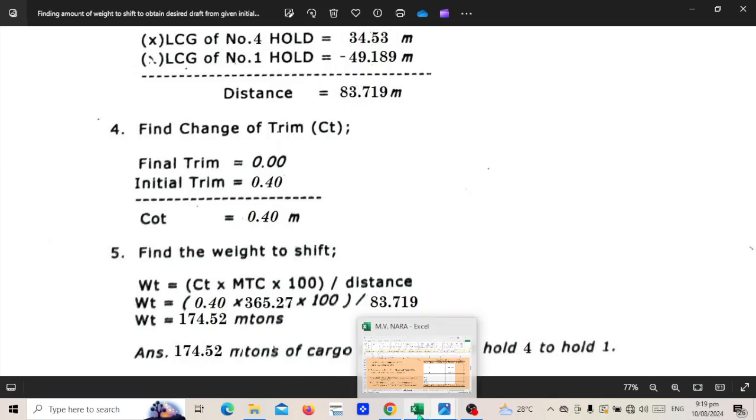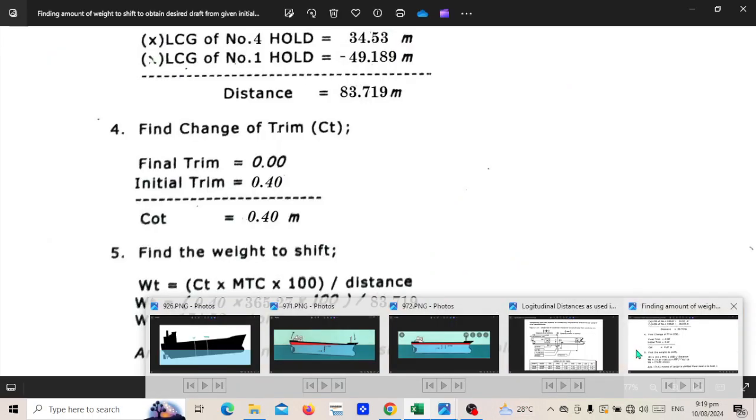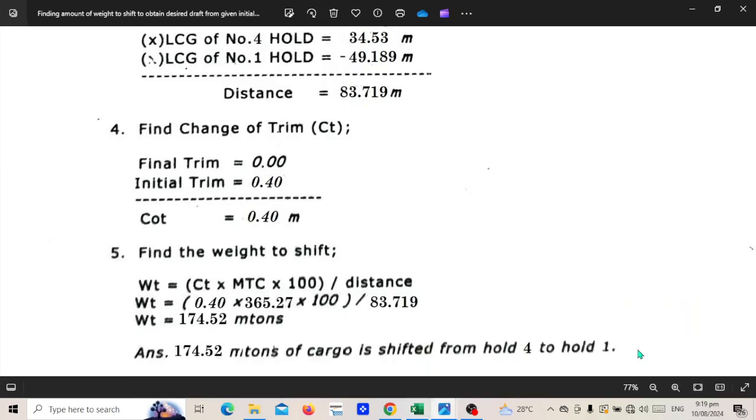So we put 174.52 in hold number 4. Is that correct? 174.52. Okay.